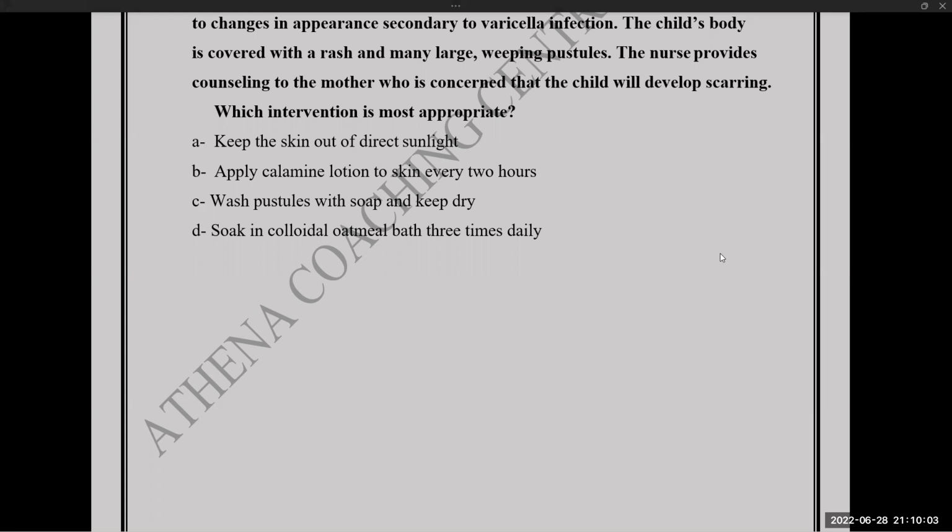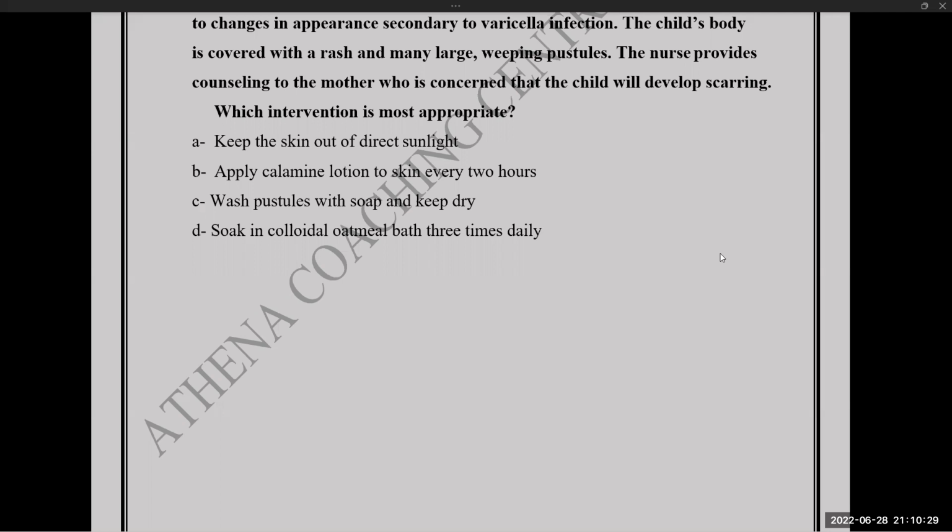See, for this particular patient, a chickenpox infected patient, they won't be able to use soap and they won't be able to use a scrubber, because on the skin there are many weeping pustules. Weeping pustules are like burning pustules. So in this situation, instead of soap, what we can use is a colloid oatmeal bath.